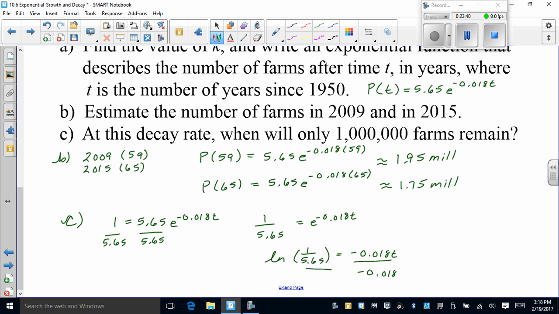And you get a t value of 96. So it's going to take about 96 years. So if you add that to your 1950, we're talking 2046 at this rate.